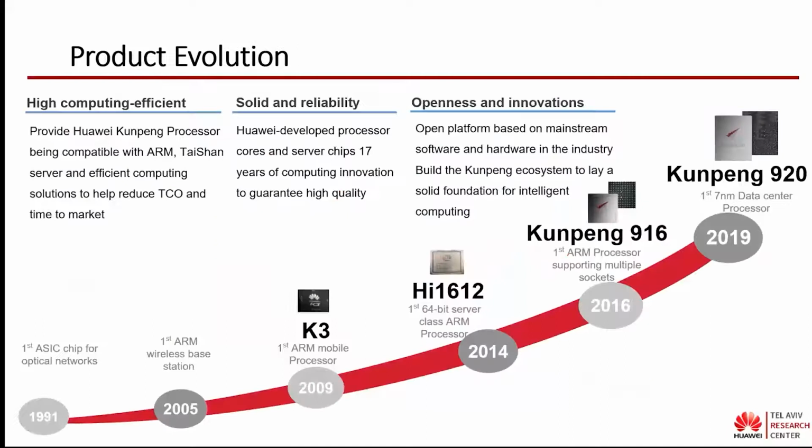This is a product evolution slide I stole from the guys who are talking about CPUs all the time. I'm not going to go into details on this, but I am going to say Huawei, among others, has its own CPU, an ARM-based Kunpeng 920. That's the latest version that has been released.